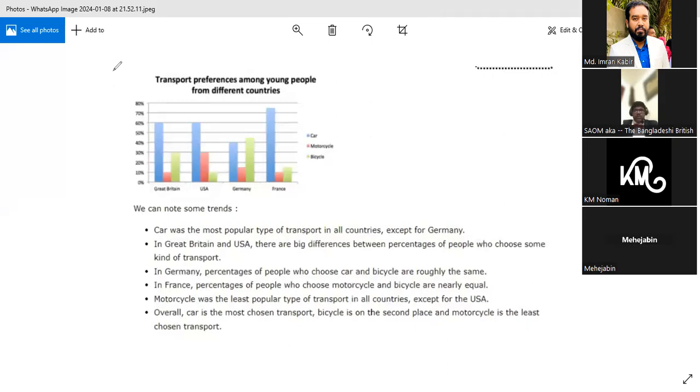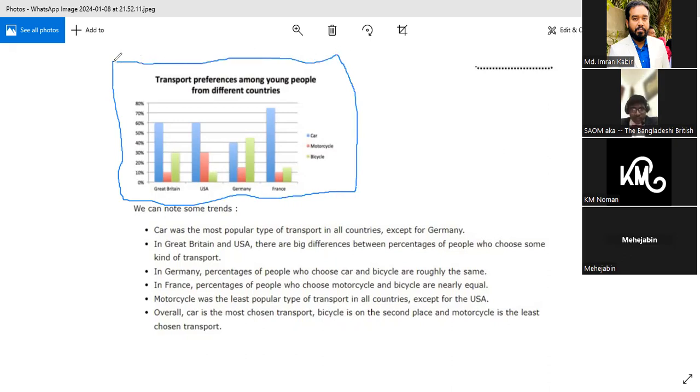Understand the thing first, and then you need to describe. So let me describe it in my own way. At first, the given bar graph illustrates the rate of transport preferences. Here we can see the blue bar indicates preferences for cars, the red one indicates motorcycles, and the green one indicates bicycles. There are four countries mentioned: Great Britain, the USA, Germany, and France.